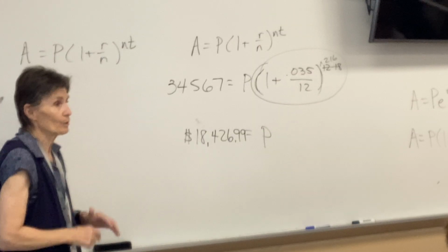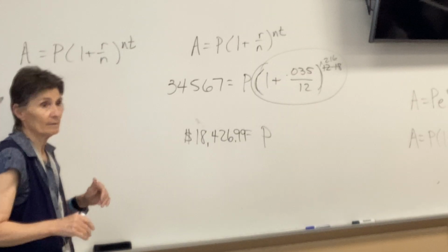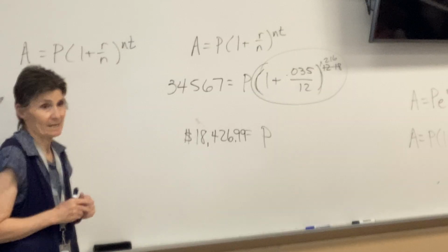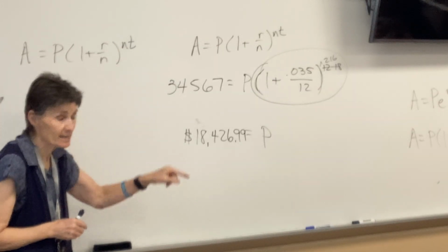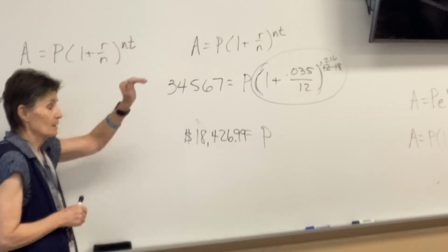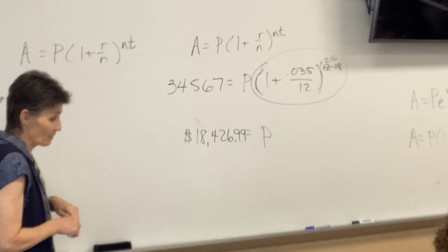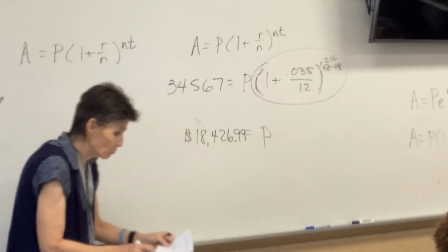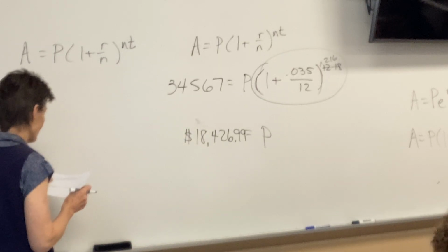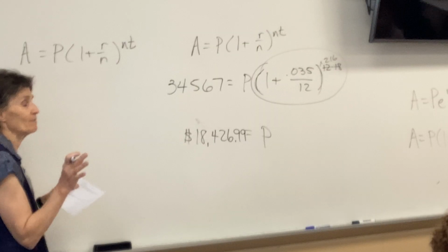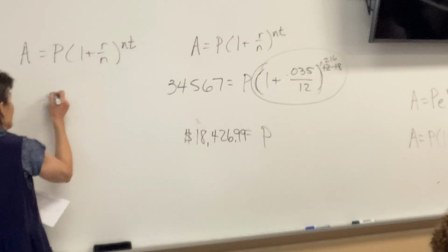What's the key word? Compounded monthly, right? Because if it's compounded continuously, it's PERT. How much will she have when she is 32 if she deposits 500? Where does the 500 go? P.